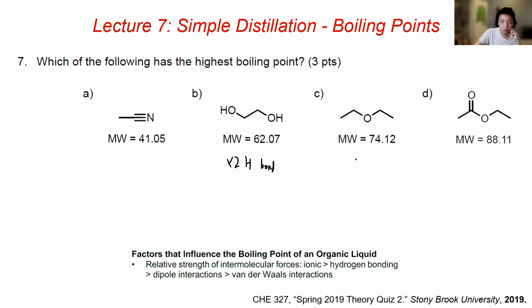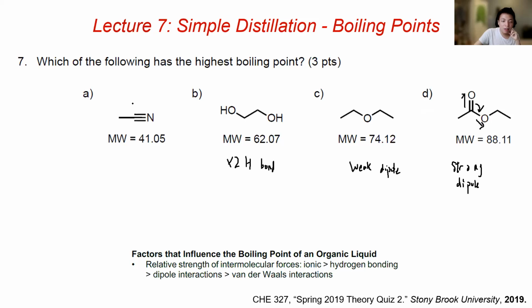And as I discussed before, ether has a weak dipole. And for ethyl acetate, which is the structure in D, we have this kind of resonance, and we have dipole and dipole, so this is a stronger dipole interaction.